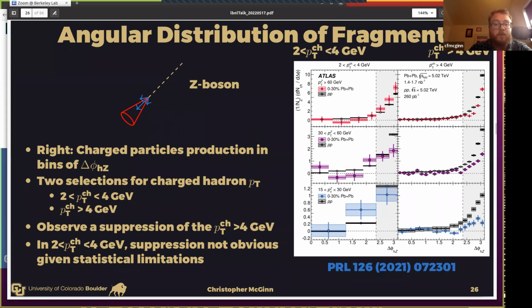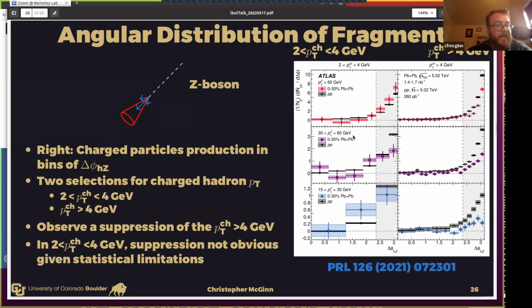So 2 to 4 on the left-hand column, greater than 4 GeV in the right-hand column. You observe a suppression of the far angle, or roughly pi-ish, let's say, delta phi hZ. For pT greater than 4, that suppression is not so pronounced in the intermediary bin.